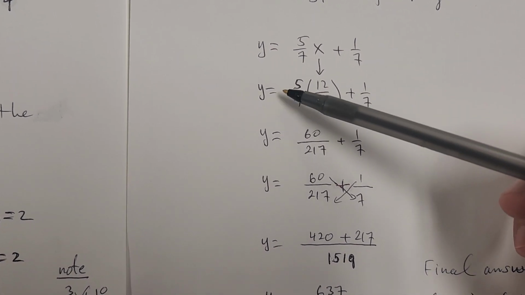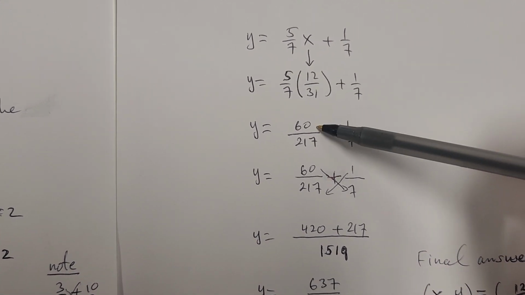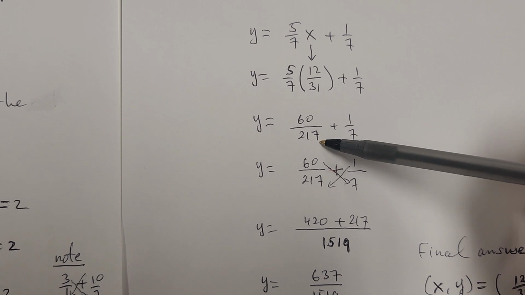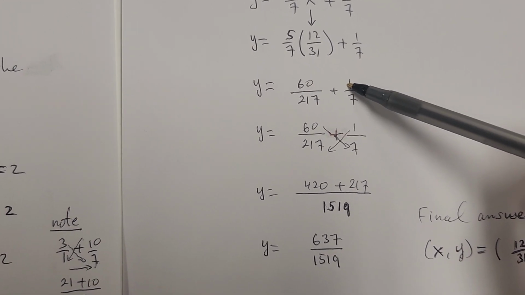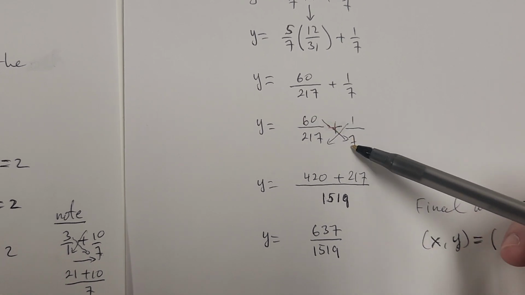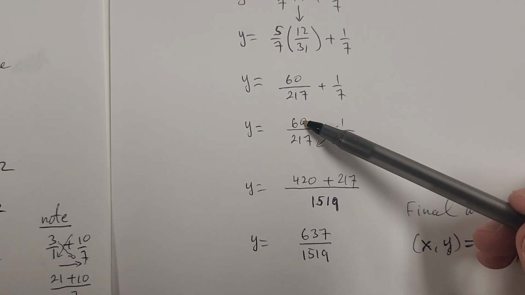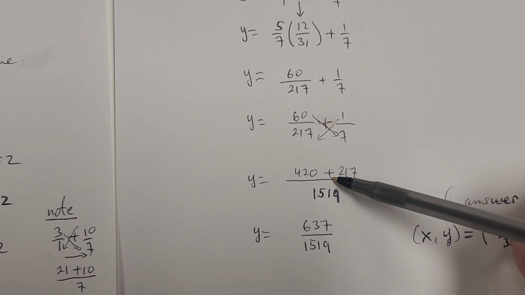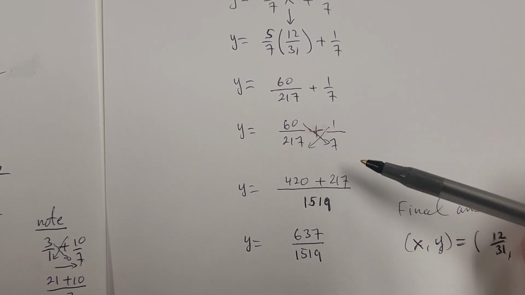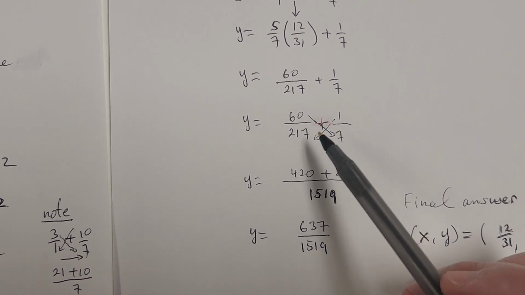Now multiply 5 times 12, 60, and 7 times 31, 217. Here we go, adding fractions. 60 times 7 gives me 420. Don't forget the plus. 1 times 217 is 217.